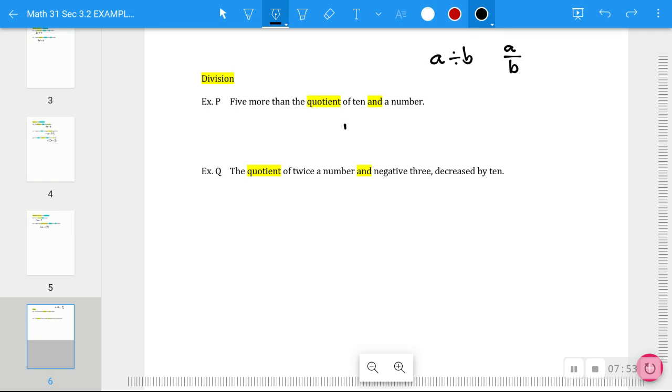All right, 5 more than the quotient, so let me start out with the 5 more than. Notice that it's reversed again. The quotient of 10 and a number. Okay, the quotient of twice a number and negative 3. Here's twice a number, quotient, negative 3. And then decreased by 10. And that does it for section 3.2 in Math 31. I hope this helps you with your homework in this section.